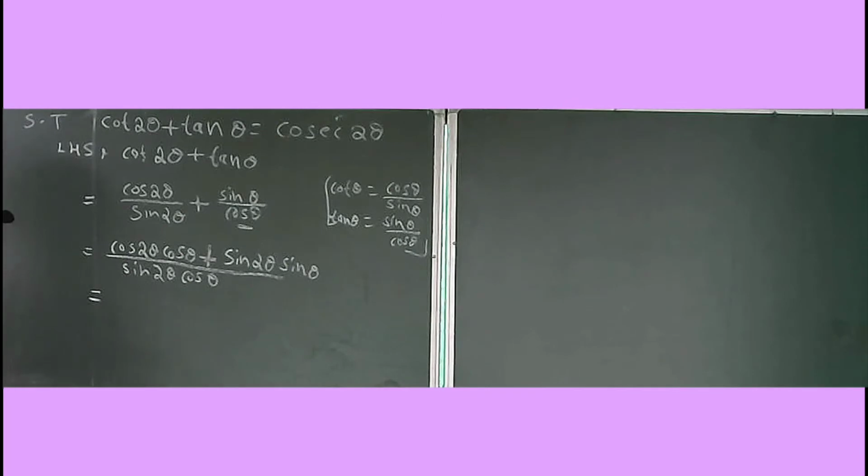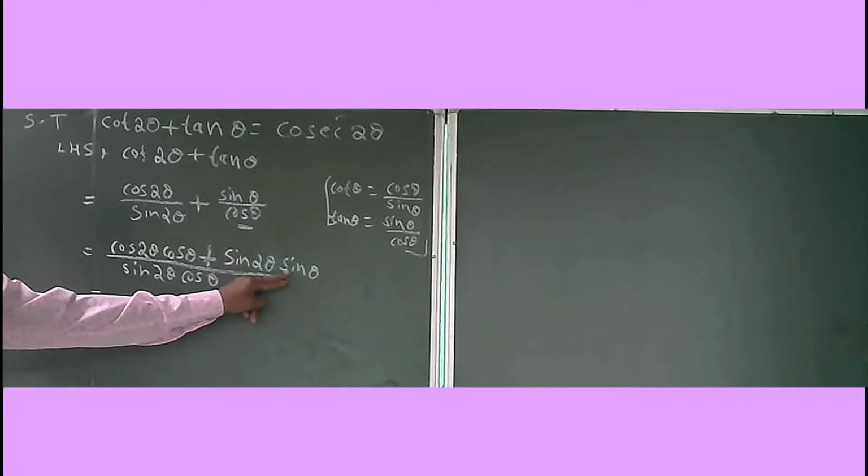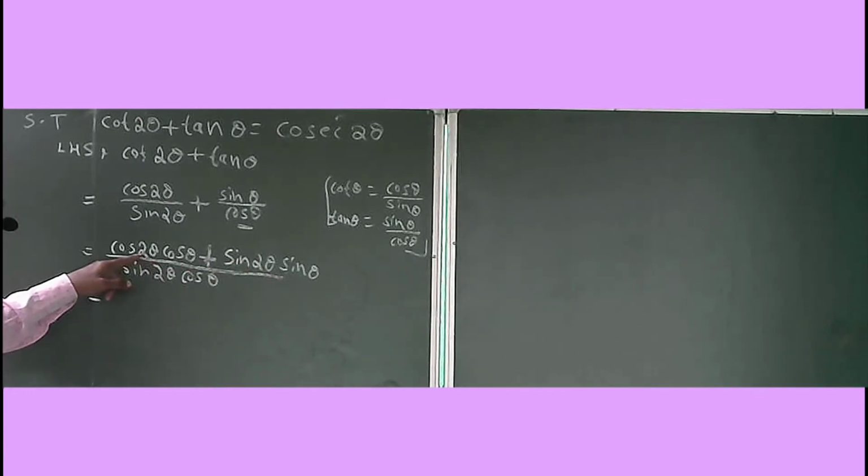It's equal to, observe the numerator, cos A cos B plus sin A sin B, right? In place of A, angle 2 theta is there. In place of angle B, theta is there.